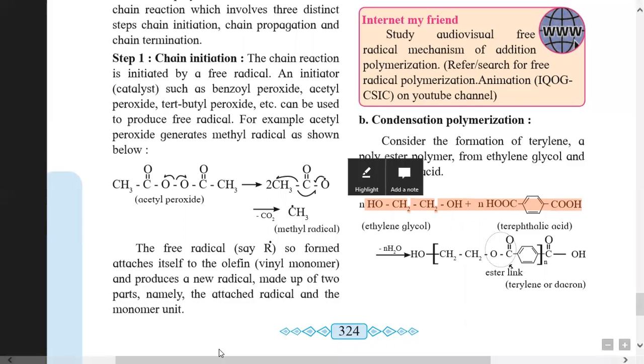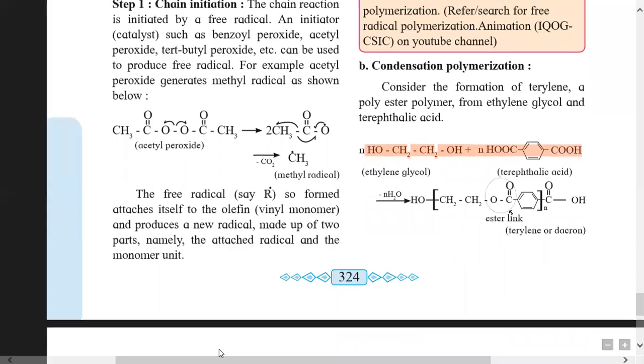This is called terephthalic acid. Here n molecules, minus 2n H2O, are lost. We get the polymer with CH2CH2O, C double bond O, benzene ring, n times. This COO linkage is called an ester linkage. This is the terylene polymer or the Dacron polymer.